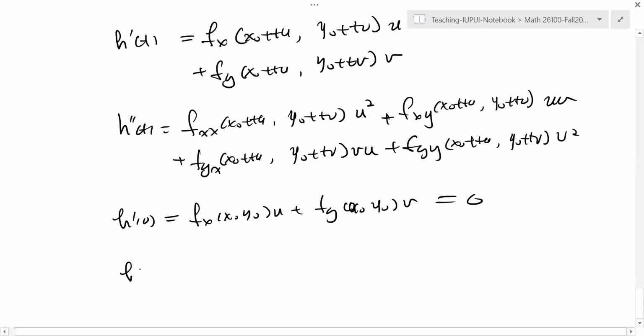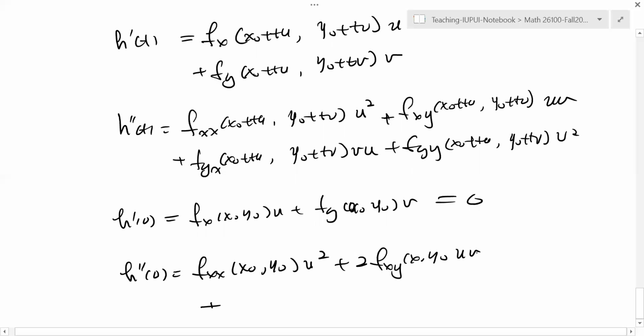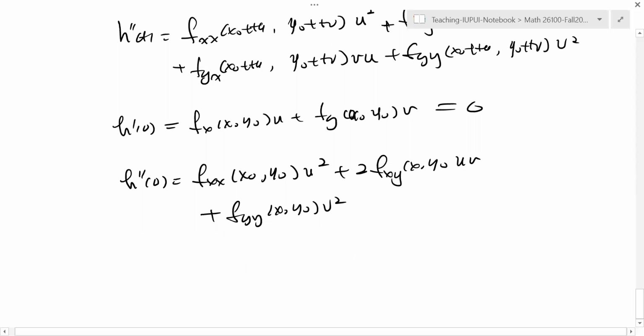Then I look at the second derivative. You only have 3 terms because the mixed partial derivatives fxy and fyx can be put together, with u and v, and then fyy v squared. So this is the second derivative.